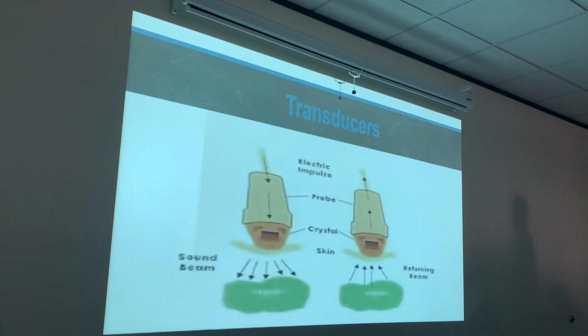All right, so here's my example right here, guys. Here's our electrical pulse. This is transmission right here. This is reception. Look at the direction our sound is traveling, to the organ and back to the transducer. So our electrical pulse from the wall is transmitted through the transducer. Here's our piezoelectric material. It's going to excite it, vibrate it, cause it to move, and then it's going to produce sound waves. Those sound waves go into the body, bounce off the organ, and come back as sound waves.